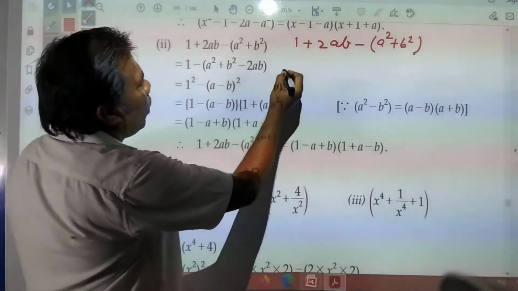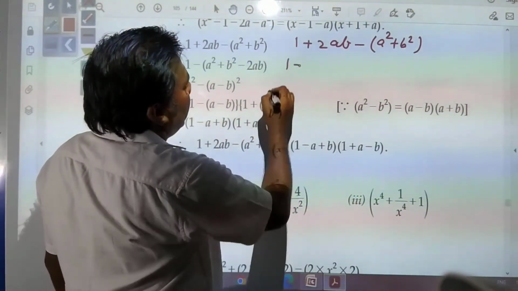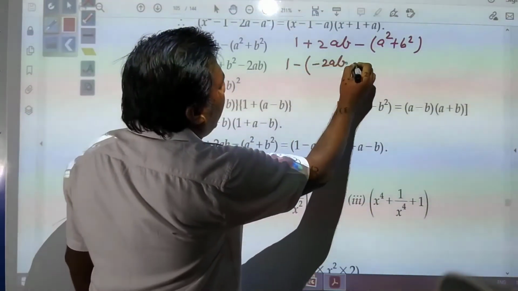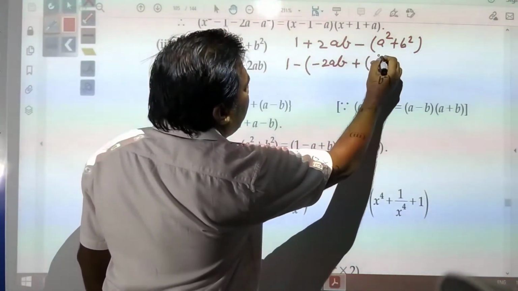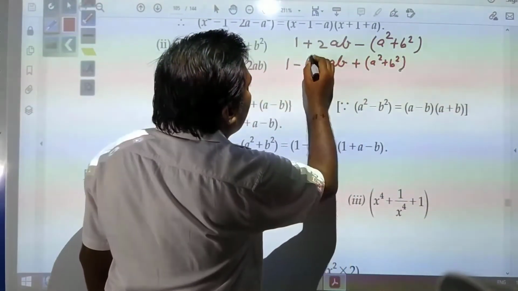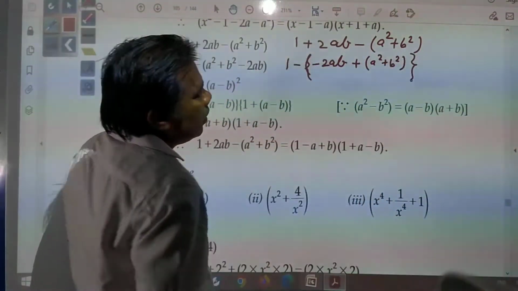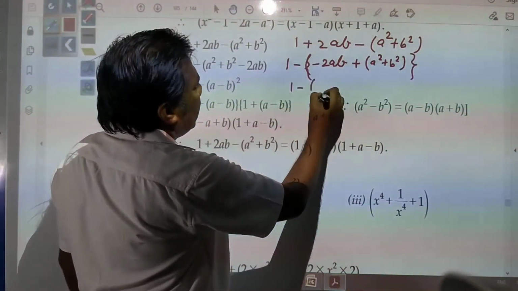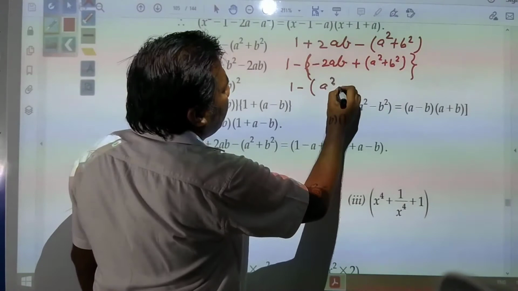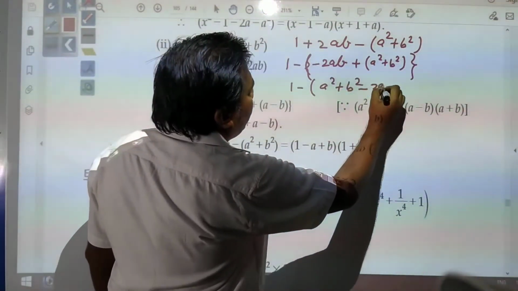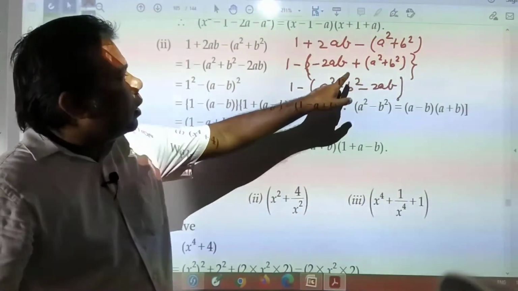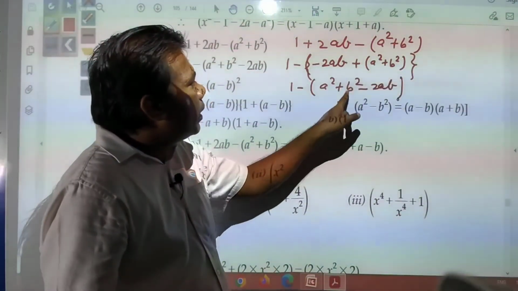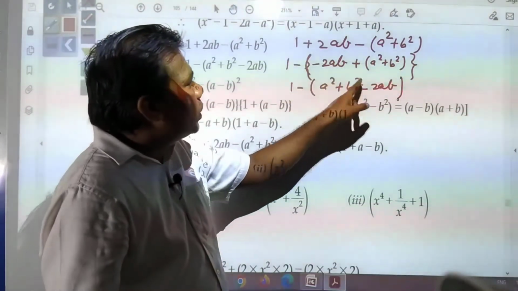So if minus common, if you are taking out 1 minus, so you will be left with minus 2ab and plus a square plus b square. In this way you will write, and this will be 1 minus, it can be written as a square plus b square minus 2ab. Here plus sign you have, so a square plus b square we have written first, and then we have written minus 2ab.